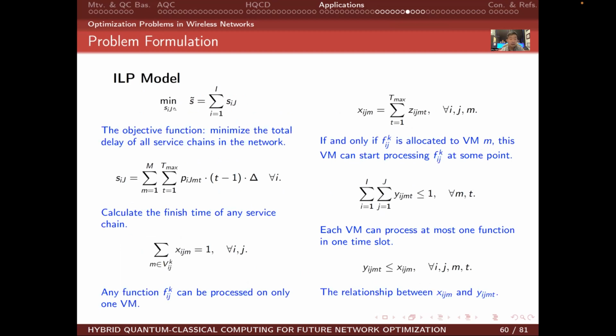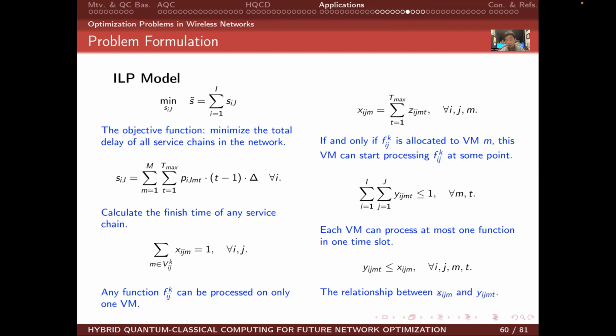Here the objective function is to minimize the total delay of all service chains in the network. Then we have the different constraints: calculating the first time of any service chain; any function can be processed only on one virtual machine; if and only if a function is allocated to a virtual machine, this virtual machine can start it at some point; and each virtual machine can process at most one function in one time slot.